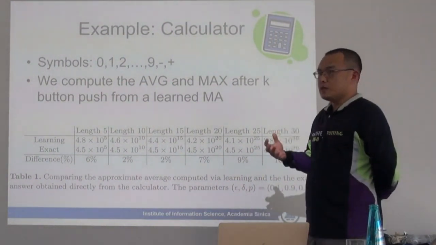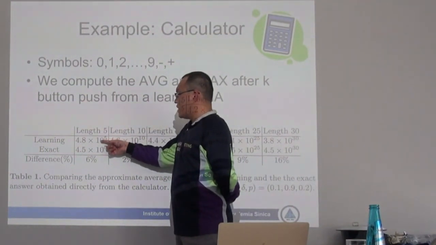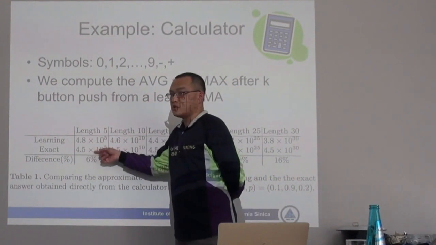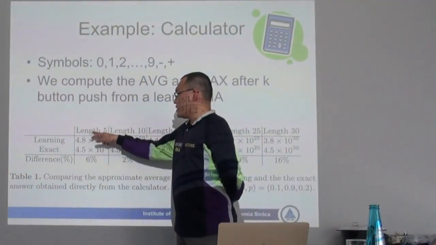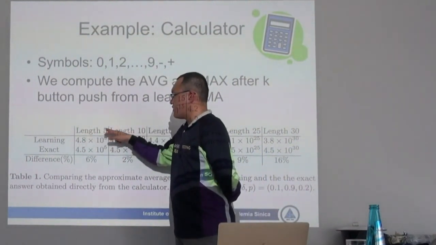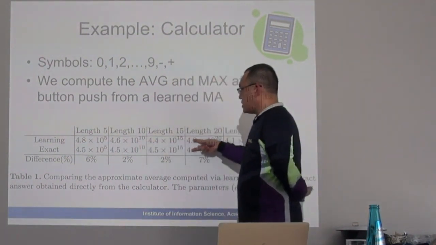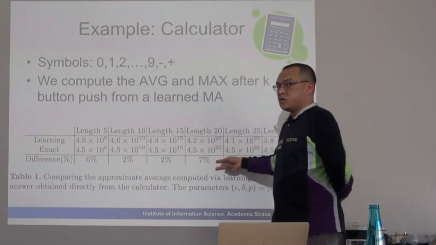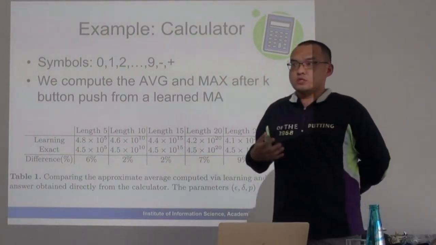I compare the average number computed from the inferred model with the result obtained by brute-force enumeration. So I really enumerate all words of length 5 and compute the average result. We found that the number obtained by our model is very close to the exact number, even up to length 30, although we only sampled strings with average length 5.